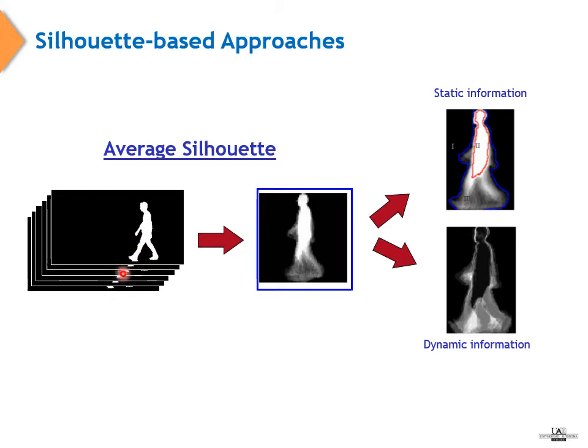Then for all these segmented images, the different frames in a gait video, we average all these images, after aligning them in the same location and rotation. So there will be a process of alignment, then the average image.